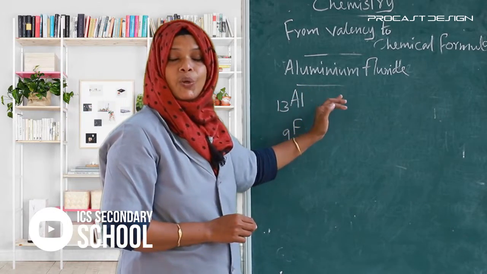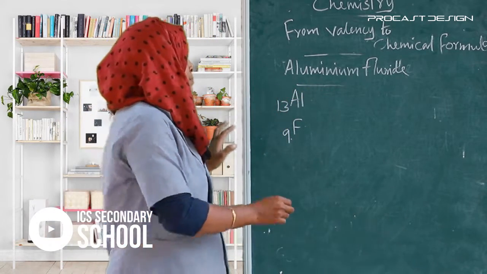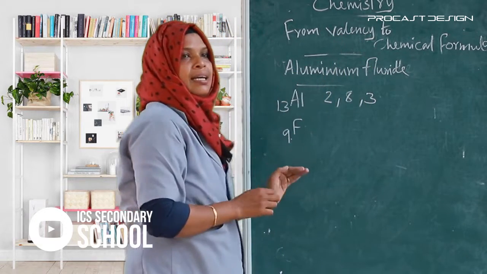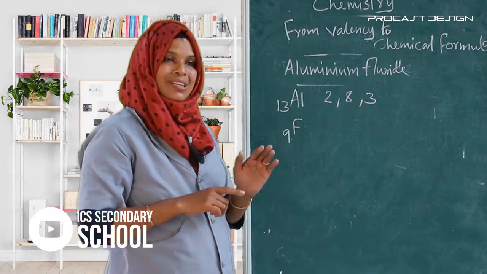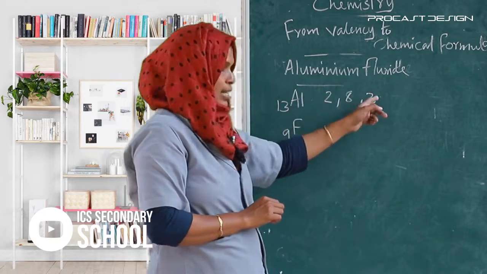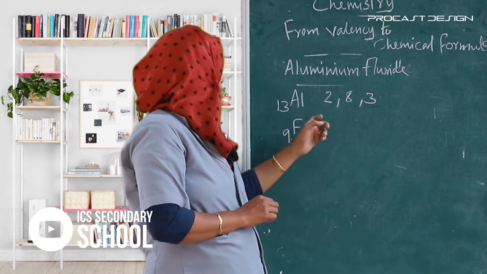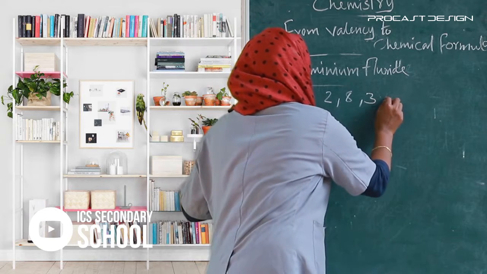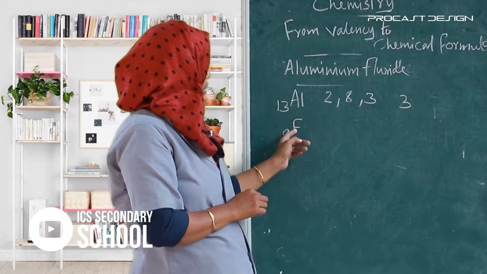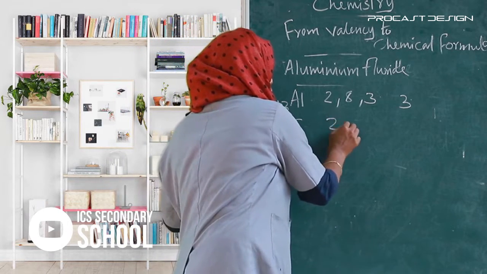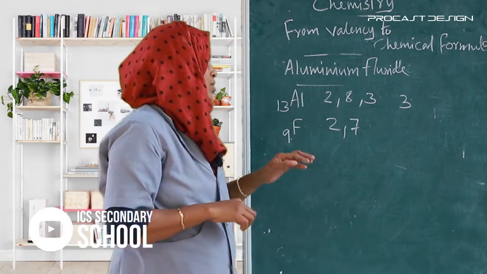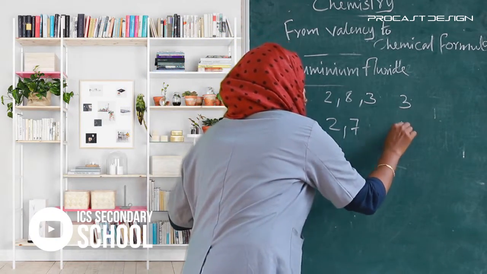First, write the electronic configuration of aluminum: 2, 8, 3. The number of electrons donated is 3, so aluminum donates 3 electrons to fluorine atoms. Next, fluorine's electronic configuration is 2, 7 and the number of electrons accepted is 1.